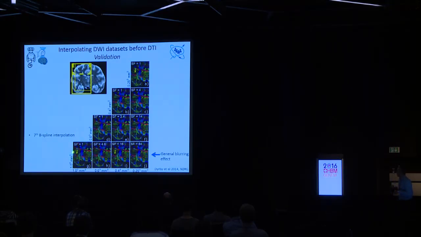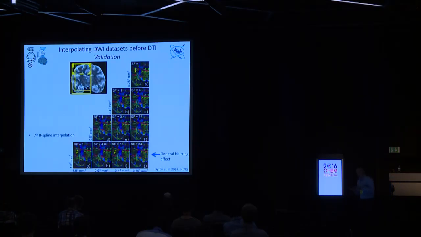The most clear effect is seen here. You can start to see small cortical regions where there is a lower rim of low FA values. When you interpolate here, we use a 7th-order interpolation, you start to see that these appear much more clearly in the images, and that corresponds to what you can see in the original higher resolution data sets.